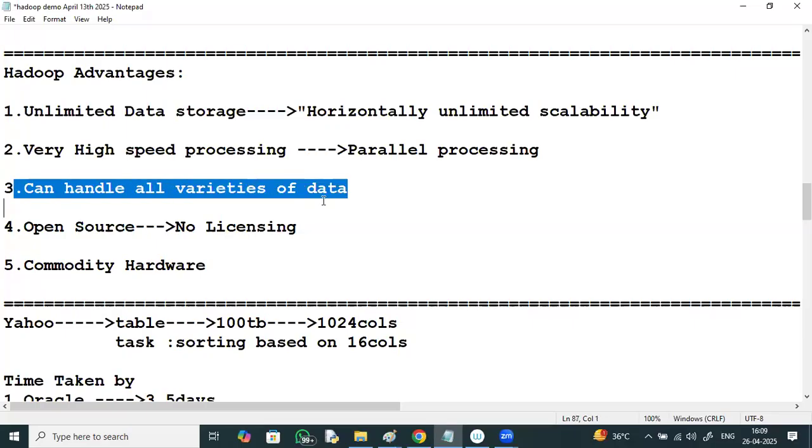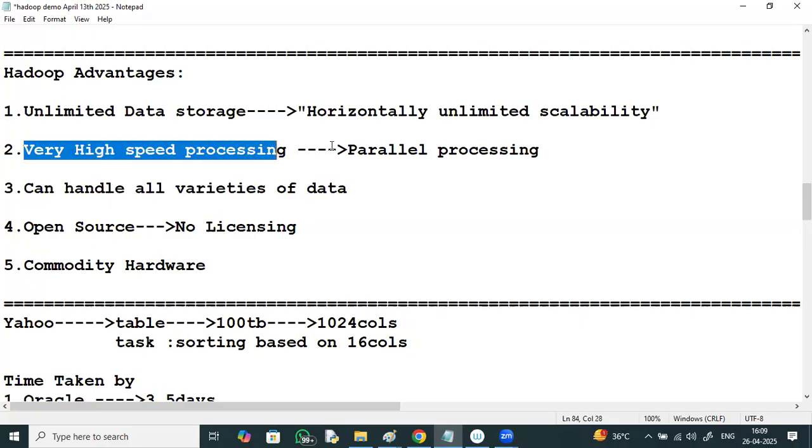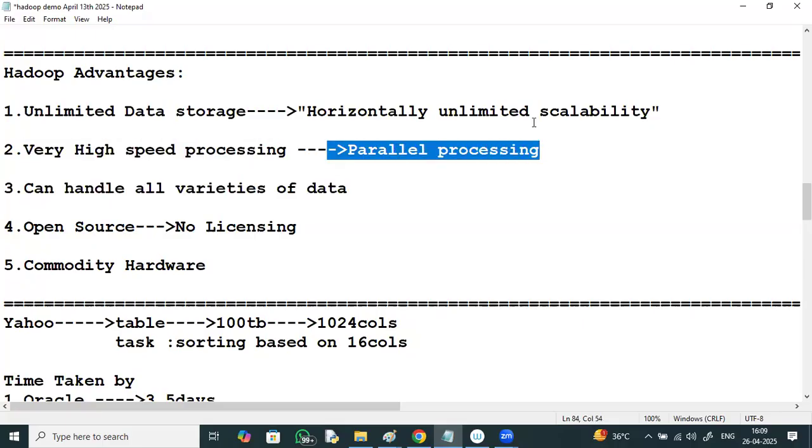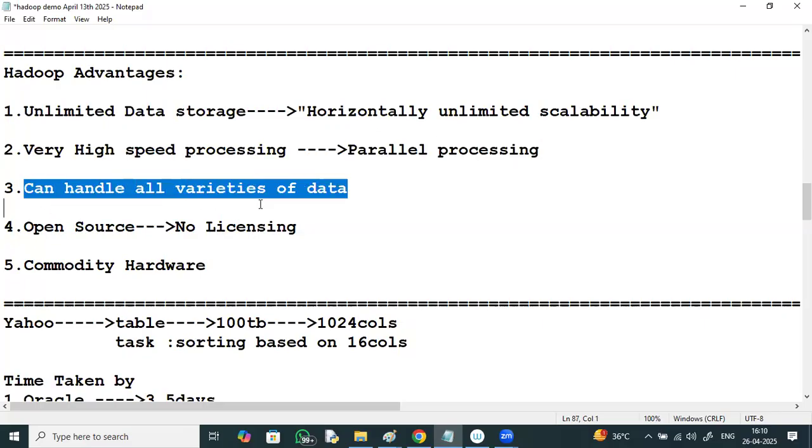This means if the data is distributed across hundreds of systems and hundreds of systems run in parallel, we get very high speed. Hadoop can handle structured, semi-structured, and unstructured data.